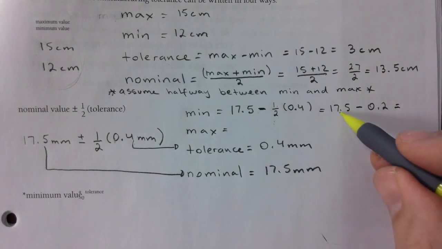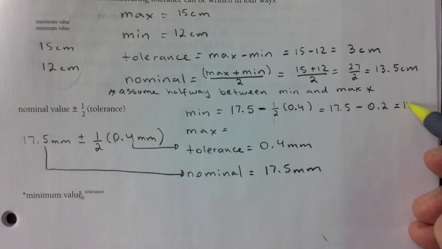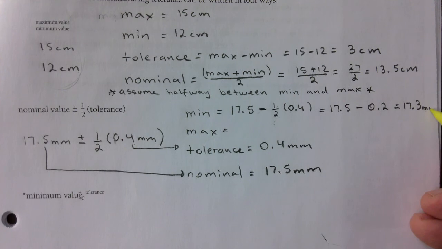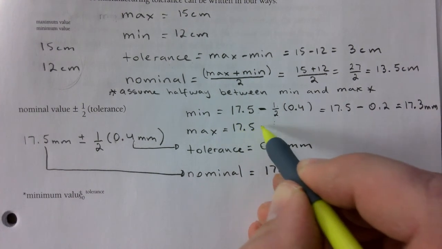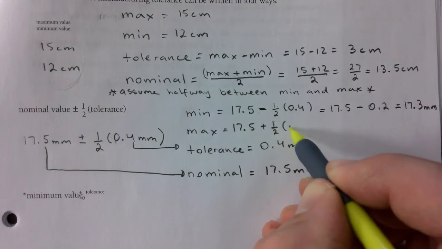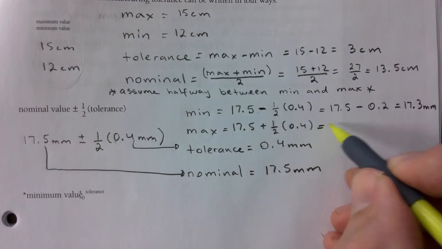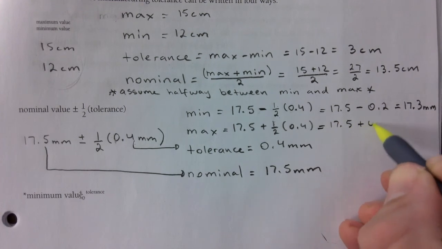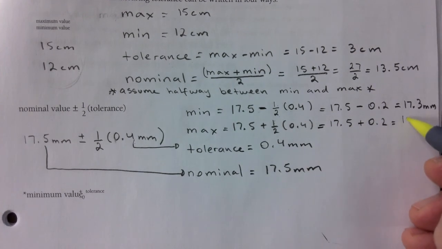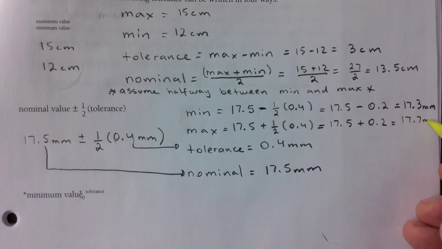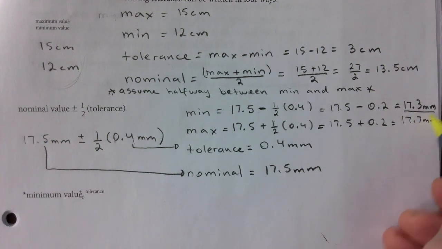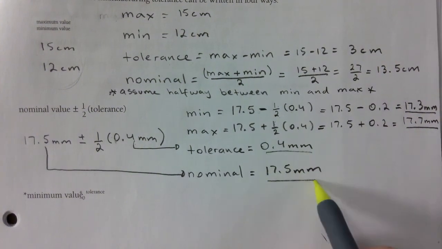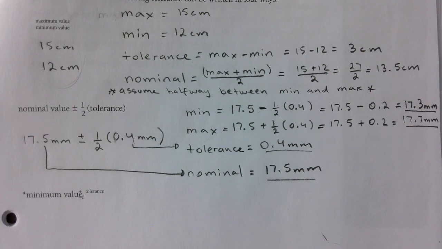We can do this in our heads, right? 17.5 minus 0.2 is 17.3 millimeters. And the max, 17.5 plus half times 0.4, which is 17.5 plus 0.2, which is 17.7 millimeters. So I'm going to underline those. To be continued.